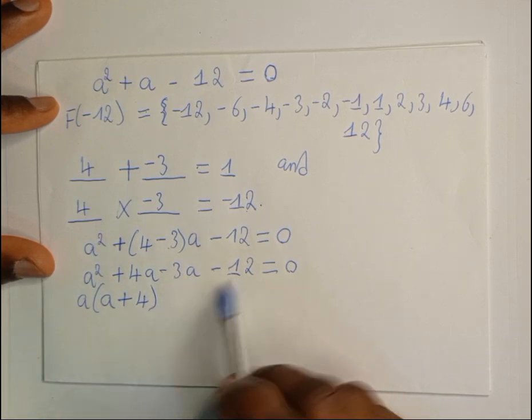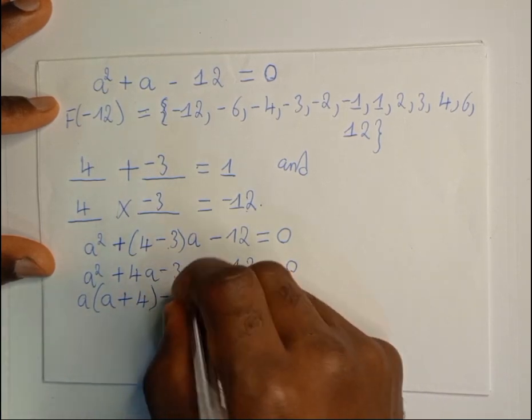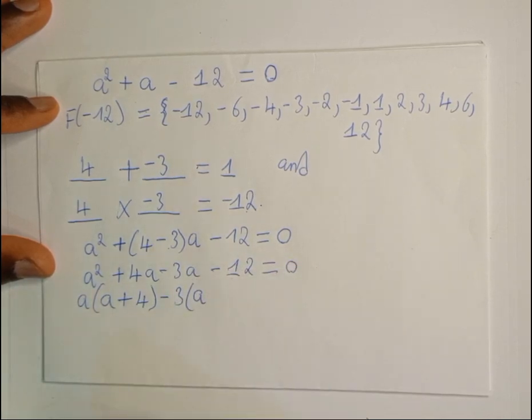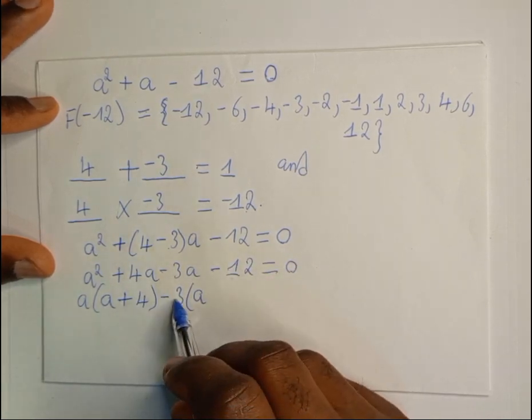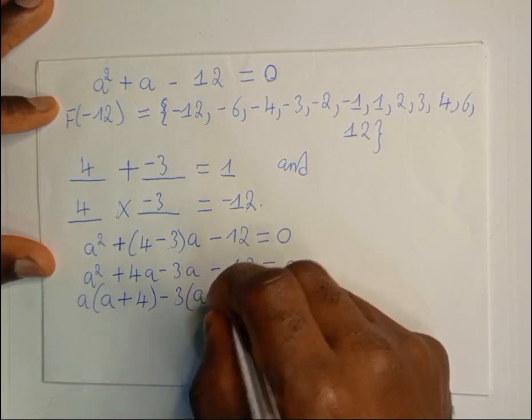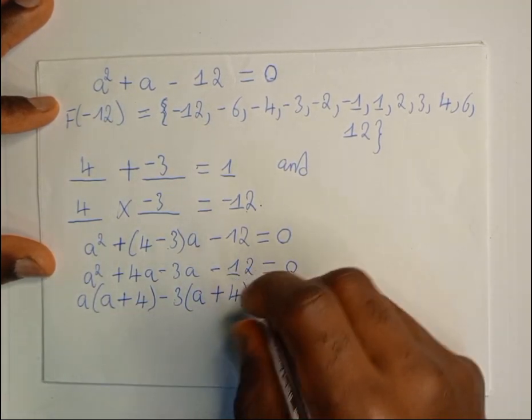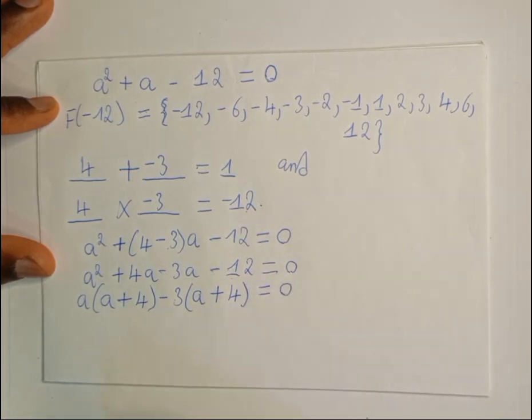For the second pair, we are going to factor out negative 3. Negative 3 times a gives us negative 3a. Negative 3 times positive 4 gives us negative 12. We equate this to 0.